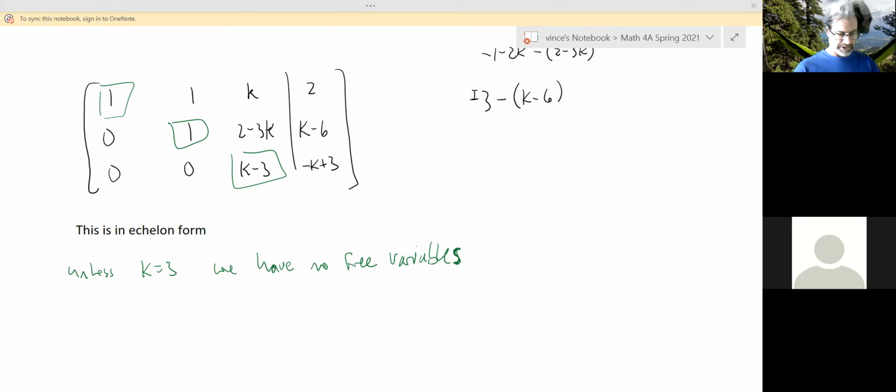Like, what does the matrix look like if you have an inconsistent system? So I'm going to write down that we have a unique solution when we have no free variables. I just want to make sure we're clear that we have to have a solution in order to have a unique solution. So if this were going to be inconsistent, what would that bottom row look like?